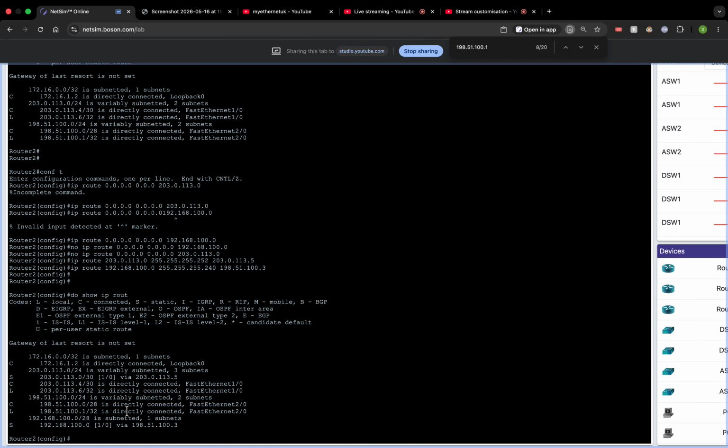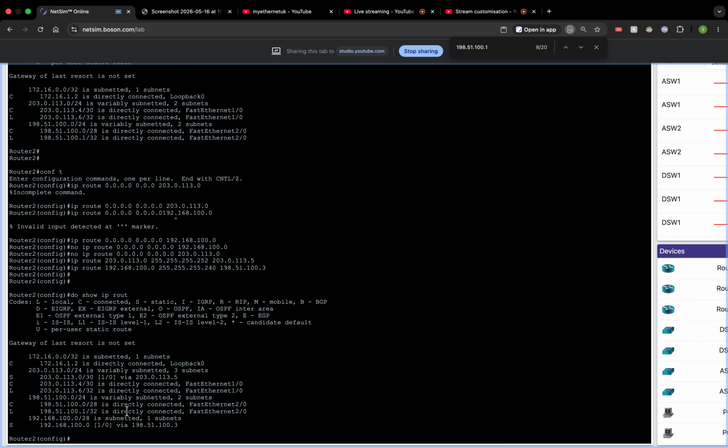If we do show IP route here, we should be able to see 198.51.100.0/24, and what we configured was the 240 subnet mask, /28, using that as the next hop, so we can see that route is there.